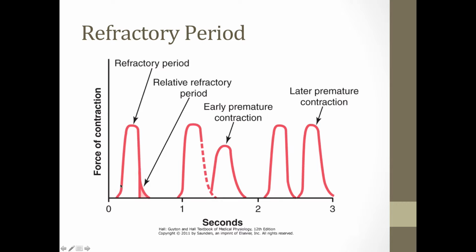So technically, when this action potential is happening, we call that the absolute refractory period because the cell's already at that charge, so it can't be at that charge a second time. Relative refractory means it's really difficult to have a contraction during that time, but not physically impossible. It can happen if there's too strong of a stimulation to the system.